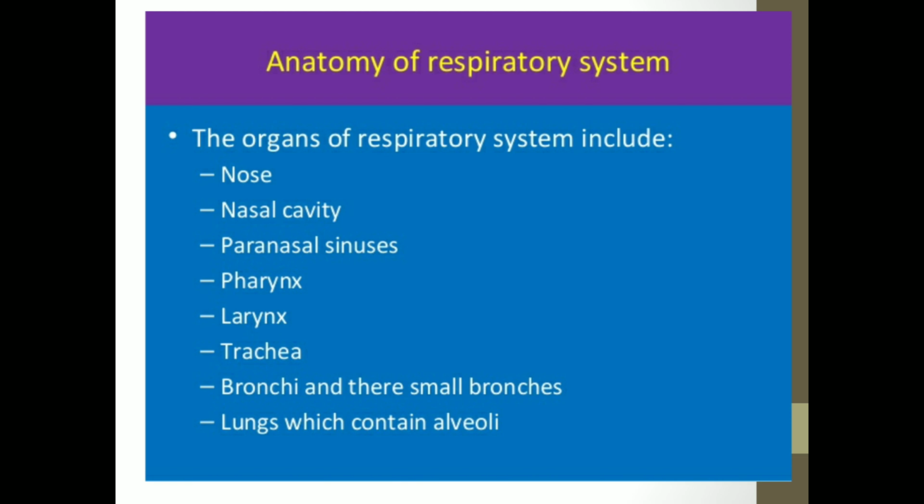The parts of the respiratory system include the nose, nasal cavity, paranasal sinuses, pharynx, larynx, trachea, bronchi and the small bronchioles, and lungs, which contain alveoli. Remember, the alveoli are the only part of the respiratory portion because exchange of gases takes place in the alveoli of the lung.